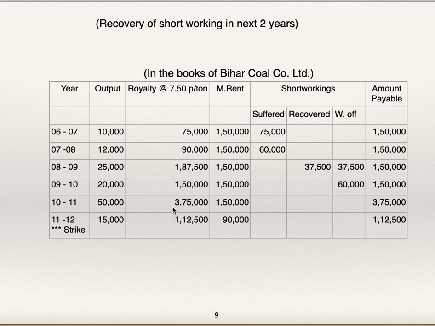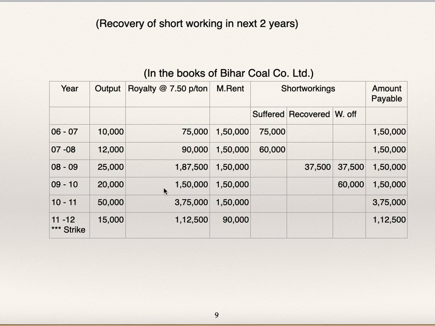No recovery of short working, so amount payable is 3,75,000. In the year 11-12, there was a strike, so minimum rent would be 60% of 1,50,000, which is 90,000, and royalty is 15,000 into 7.50, which is 1,12,500. Nothing to recover from earlier year, so amount payable is 1,12,500. This table is very important.